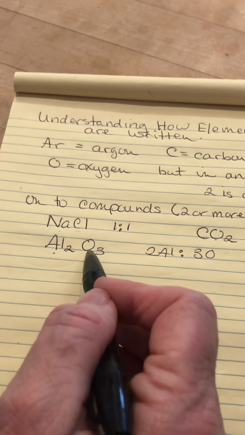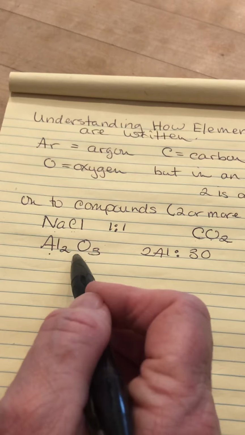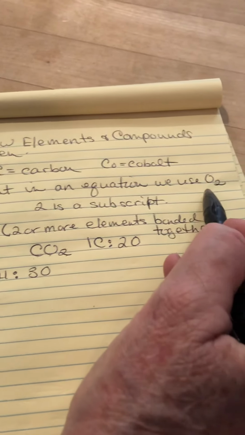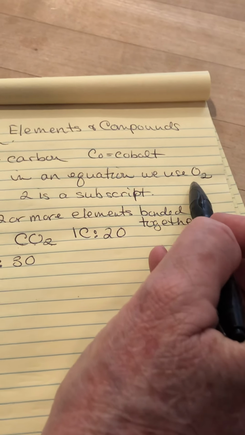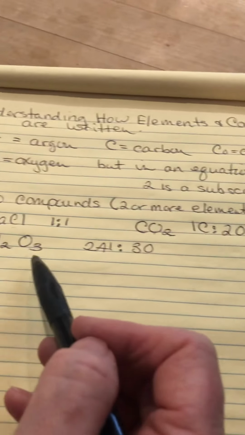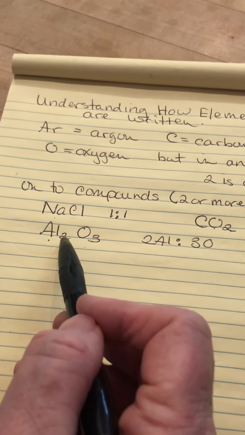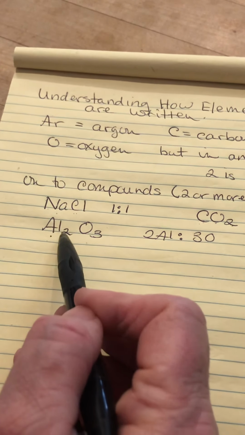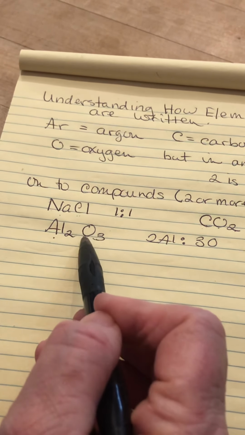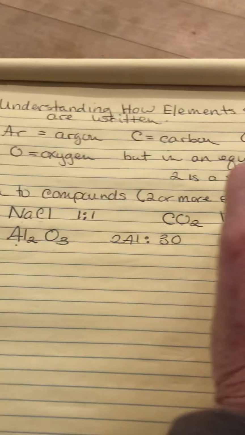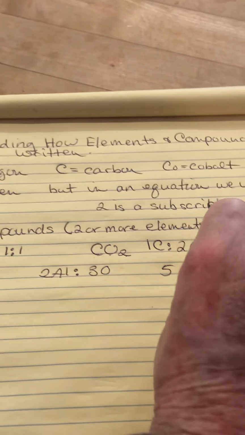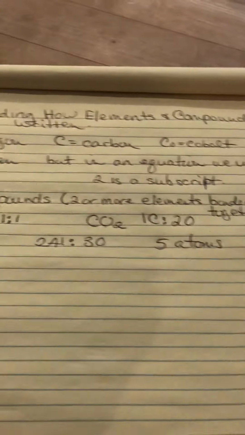The only time you're going to have that subscript 2 on the diatomic elements is when they are alone. Like if I write Al plus O2 and I want to make aluminum oxide, then the oxygen has to have a 2. So this is telling me there are 2 aluminums because the subscript 2 refers only to the aluminum. The subscript 3 refers only to the oxygen. In total in this compound, we would have 5 atoms. 2 plus 3 is 5.